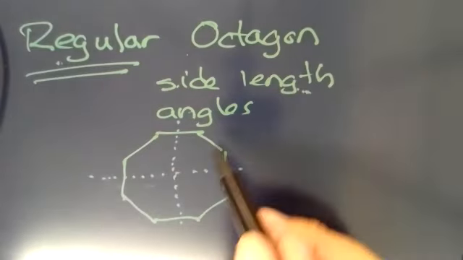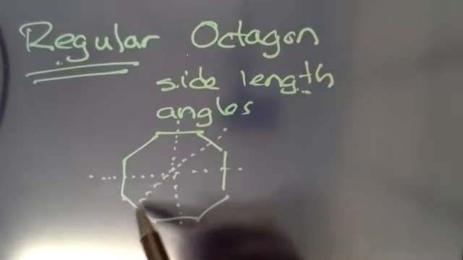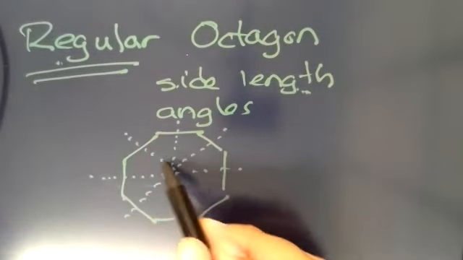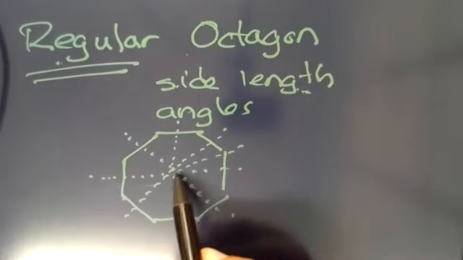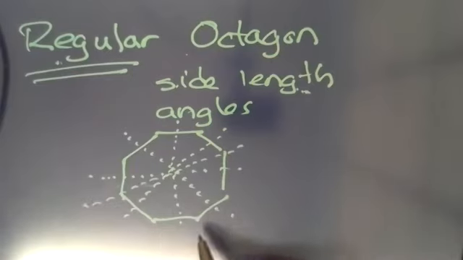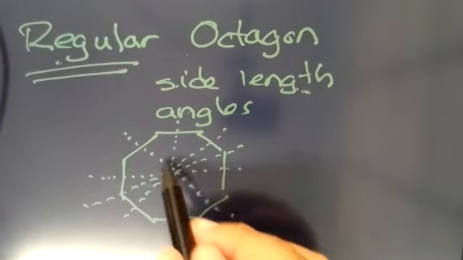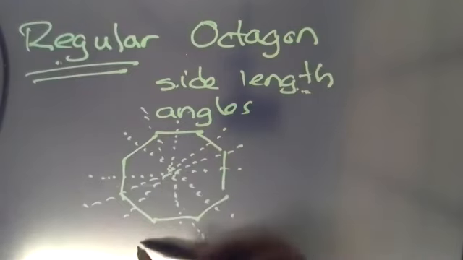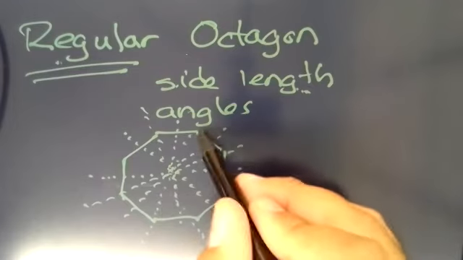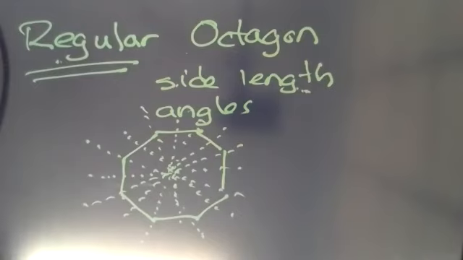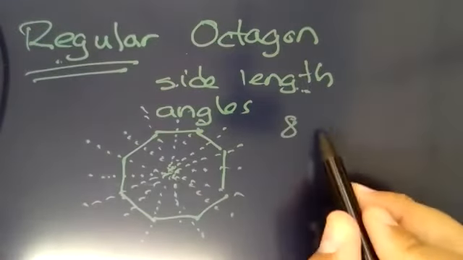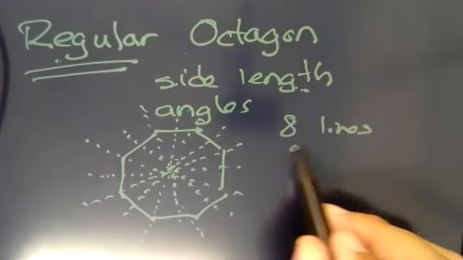That's two. That's three. That's four. Well, I could start doing here too. Five, I do it here. Six, do it here. Seven, and I could do it here. Eight. So this octagon has 8 lines of symmetry.